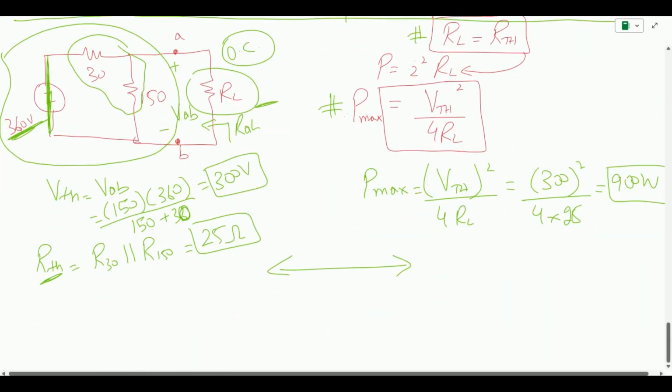And the last topic of this chapter from the Nilsson book is the superposition principle, or superposition theorem. It's a very straightforward theorem.